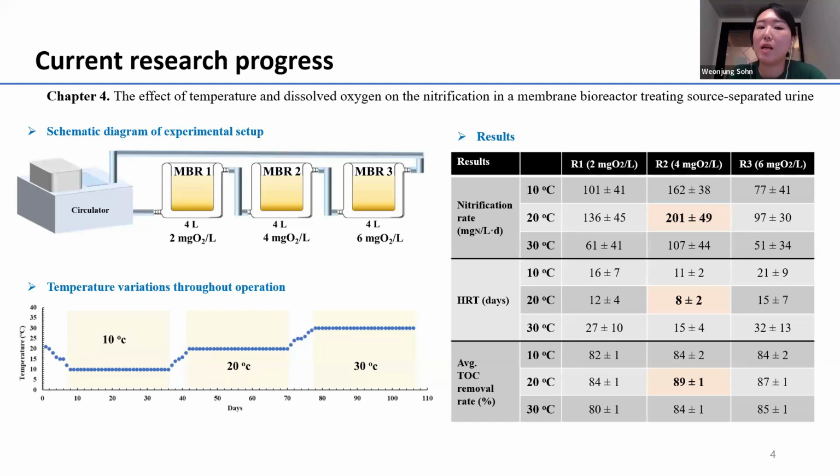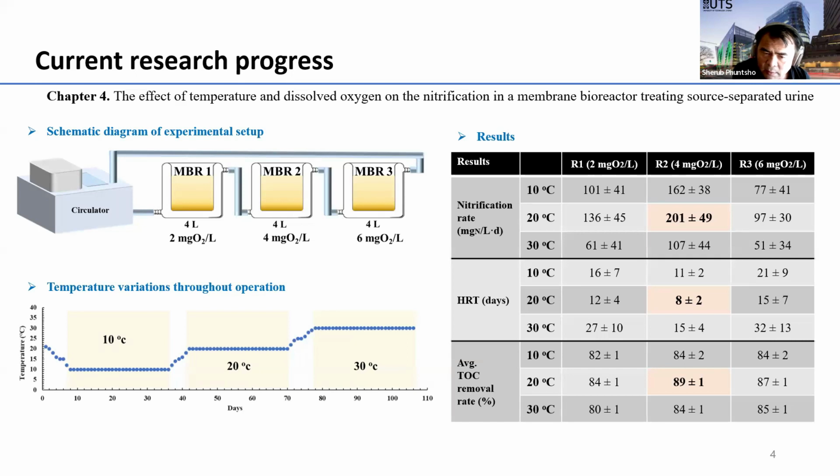Yes, as well as maybe inactivation of nitrifying bacteria. Right? Yes. So I think you should have presented the data for nitrite concentration. Did you test that? Yes. So how was your data for the nitrite concentration? Is it accumulating or not?